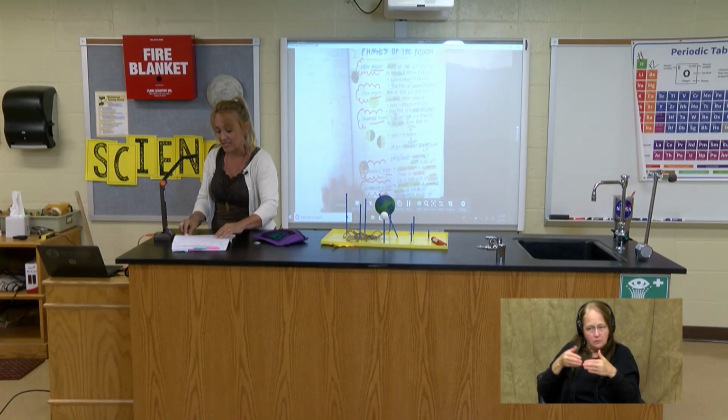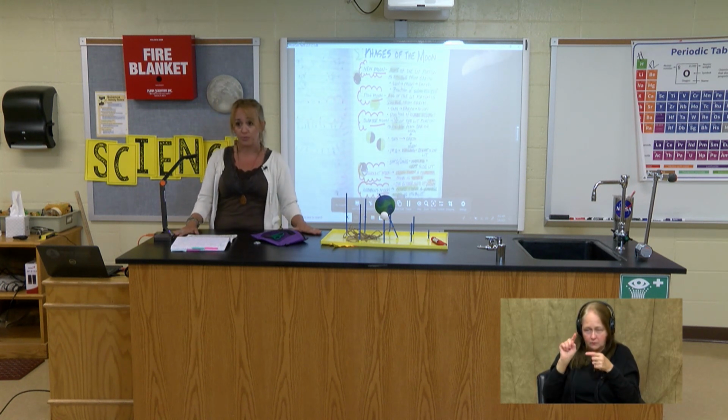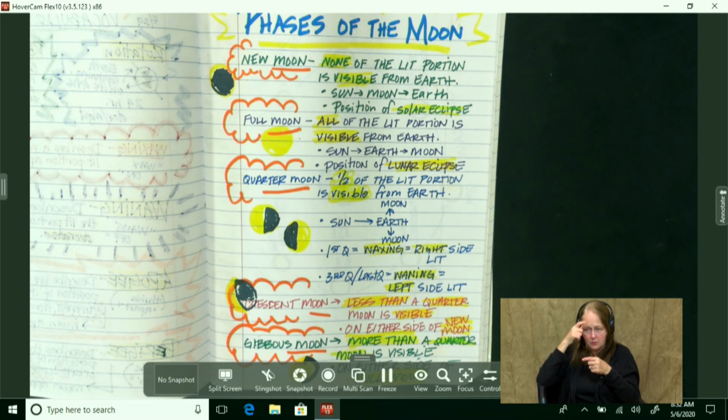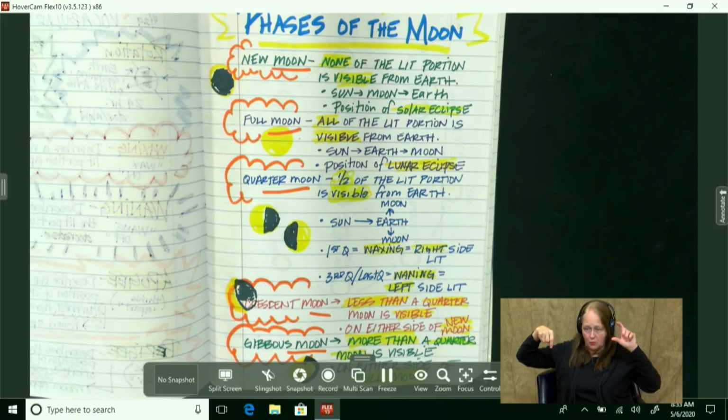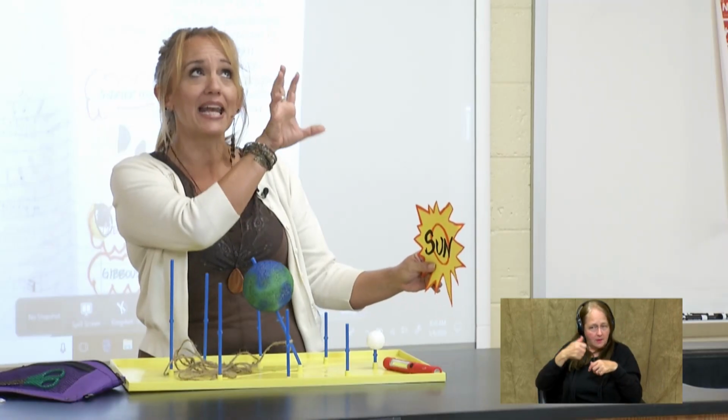All right, so moving on in my notes, we talked about the vocabulary here for full moon and new moon. New moon is that position where none of the lit portion is showing. So if our sun is over here, from Earth, we would not see any of the lit portion. You can kind of see the moon.